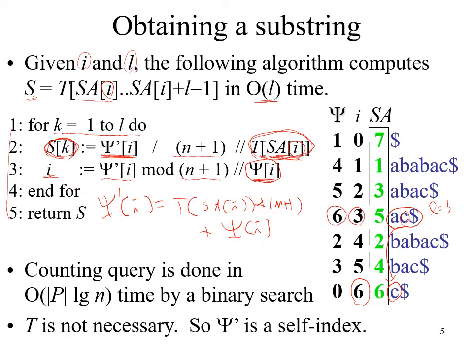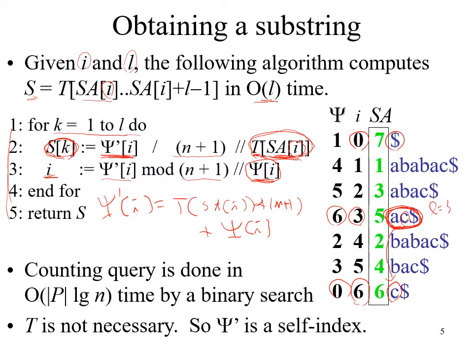Next we compute psi, then we go to 0 and obtain the first character. If we repeat this algorithm, then we can obtain this substring ACTAG. And to obtain this substring, we don't need any computation of SAI, and we don't need the T itself.